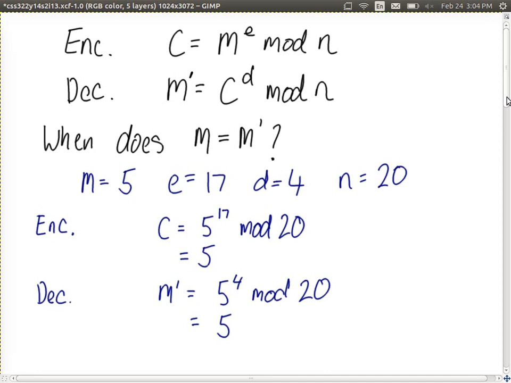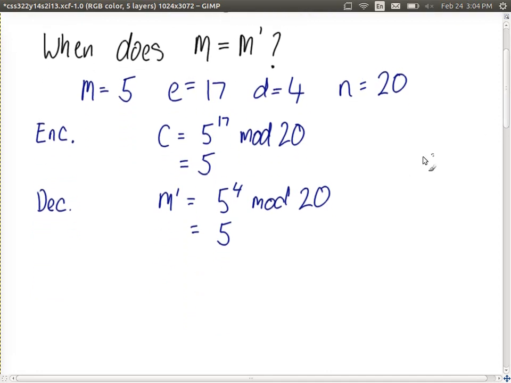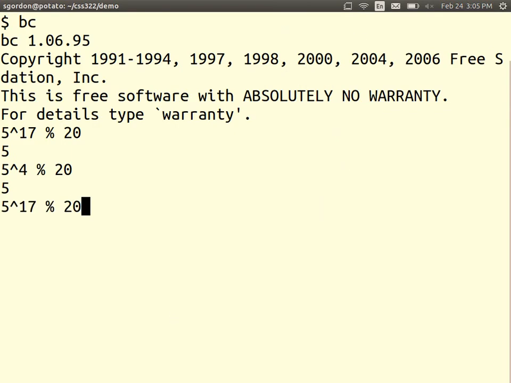Let's try another one. So we need this to work. Let's try, say, N equal to 21. Everything else the same. What will C equal? It'll be 5 to the power of 17 mod 21. 17.